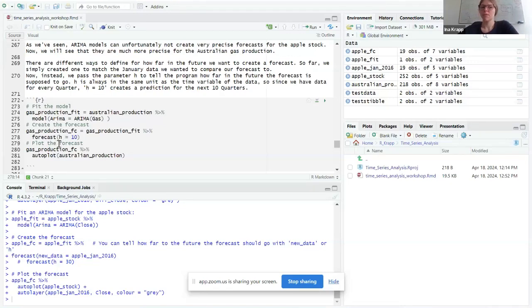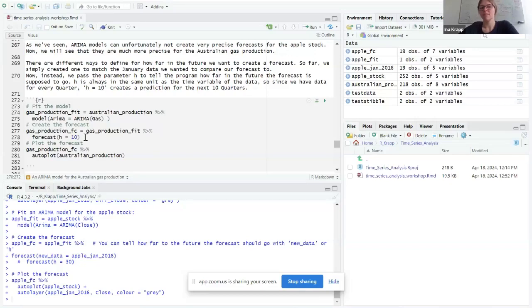Now, it is important to consider that this variable has no clear unit, so to say. You don't tell it predict 10 years into the future or predict 10 months into the future. Instead, this variable always takes on the same unit that the data has.